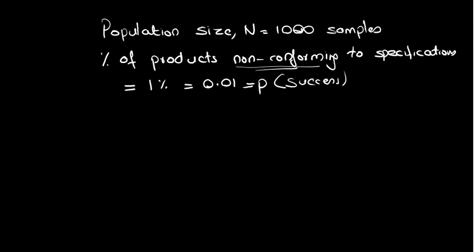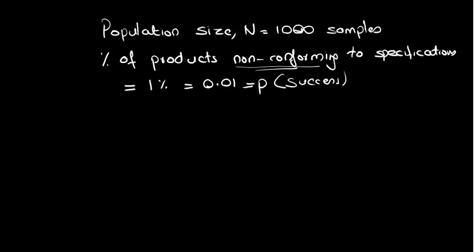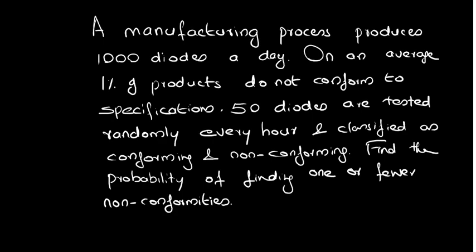Okay, and 50 diodes are tested randomly every hour. So sample size n is 50 samples. Fifty samples are tested every hour and classified as conforming and non-conforming.